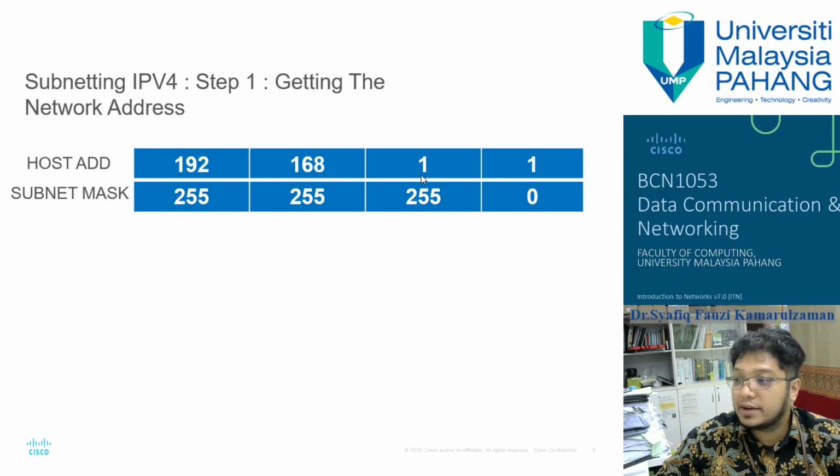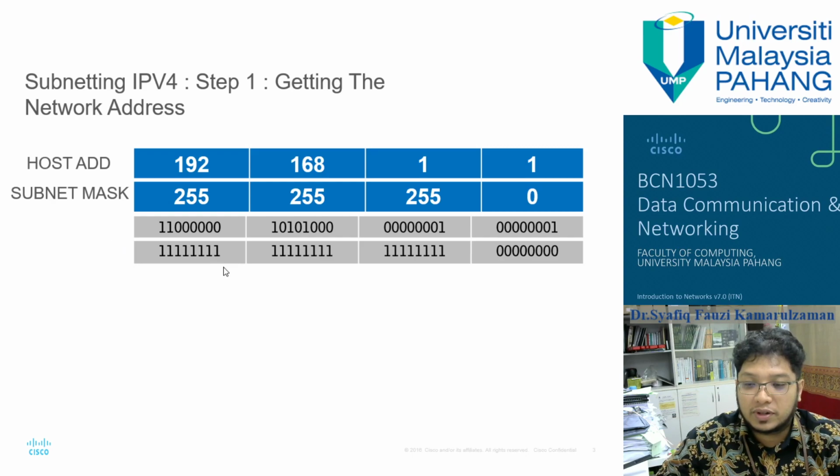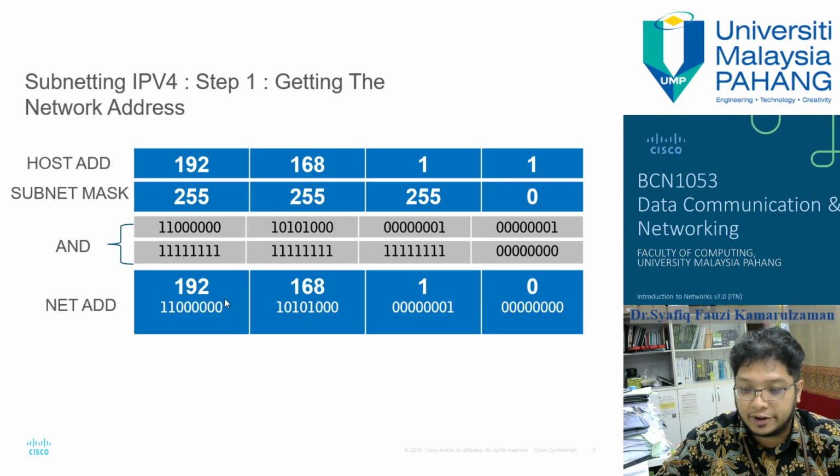To do that, you look at the host address and the subnet mask in binary, and you will see the relation between them. When you AND those binaries, you will get the network address for this host address.